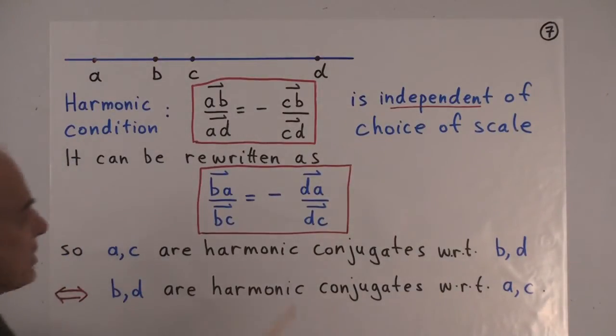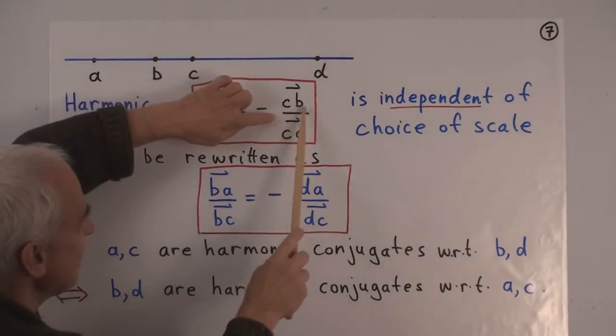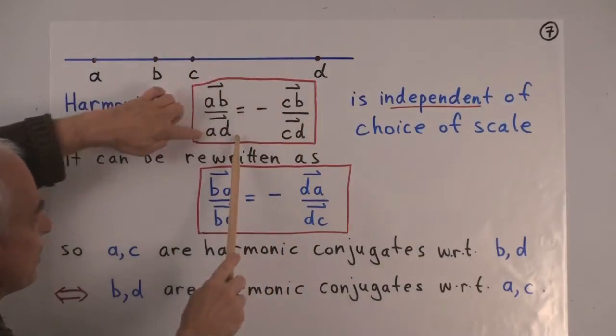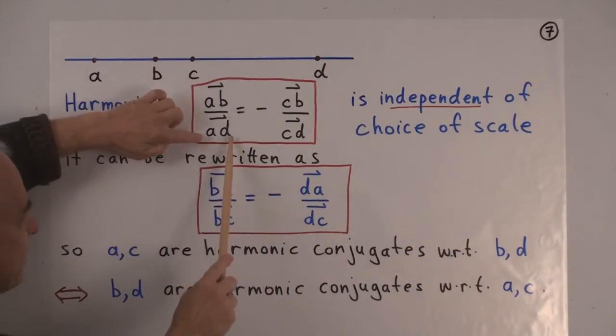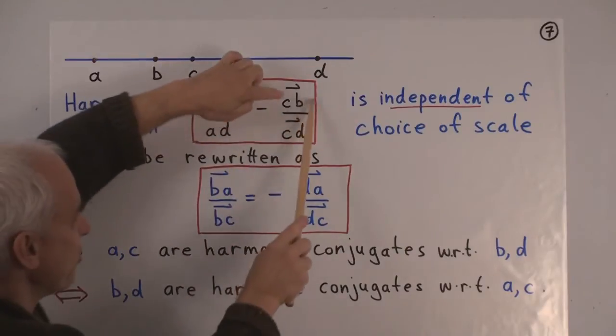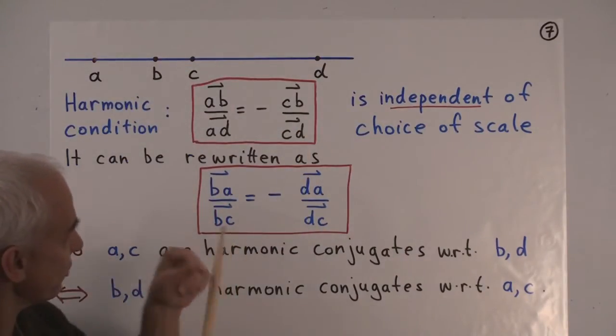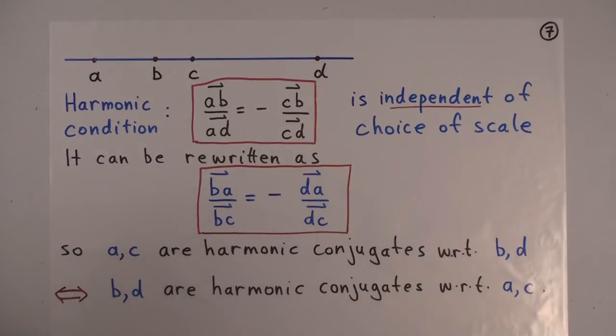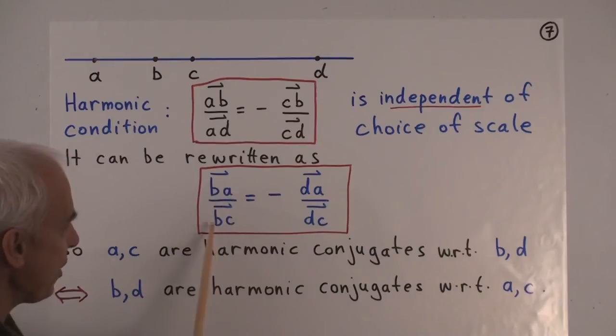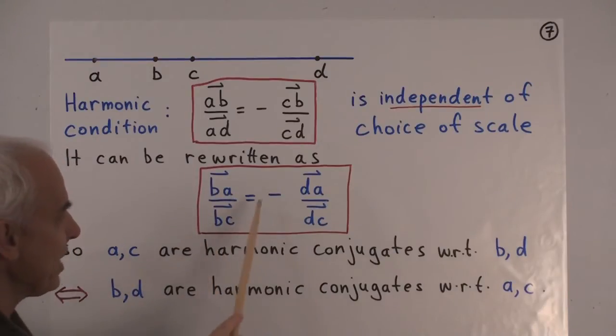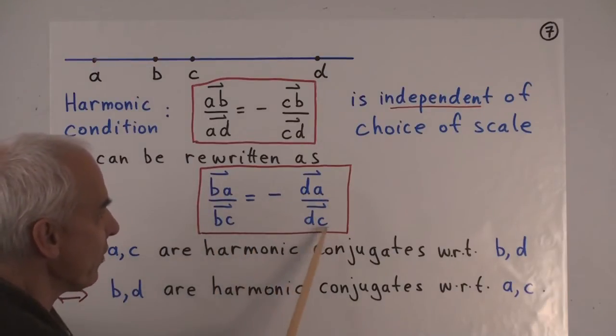Another interesting observation is that we can rewrite this by essentially bringing the CB that's in the numerator here to the denominator here, and bringing the AD, which is in the denominator here, up to the numerator there. I'm also going to switch some orientations on our displacements, because I want to write it as BA over BC equals minus DA over DC.